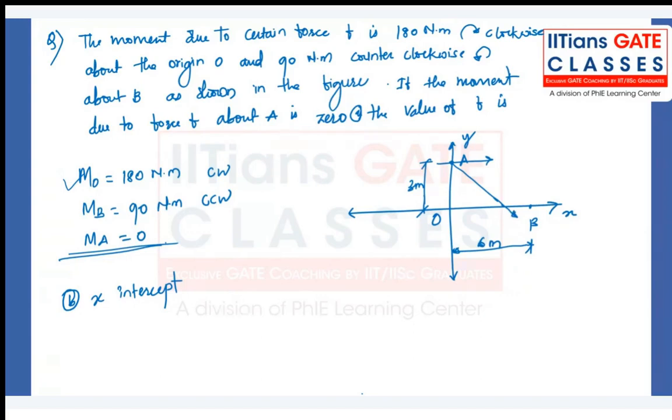Correct. If it is passing through these 2 points like this somewhere, then basically it will create a counterclockwise moment about this line at any angle, but that line should pass through O and B. Do you agree? Then only, let's say if I draw the force F here, it will create a counterclockwise moment about B and clockwise moment about origin. Are you following till this? Any doubt? Feel free to ask.